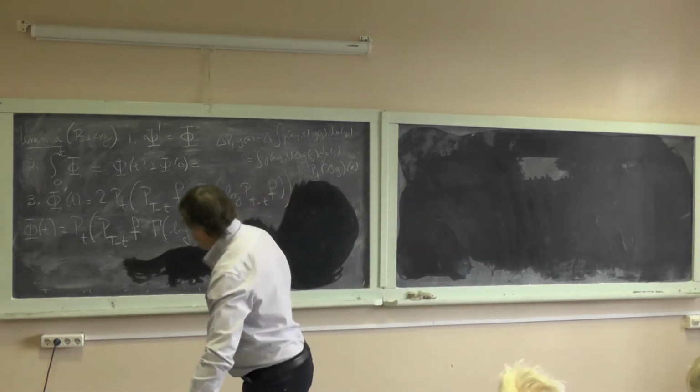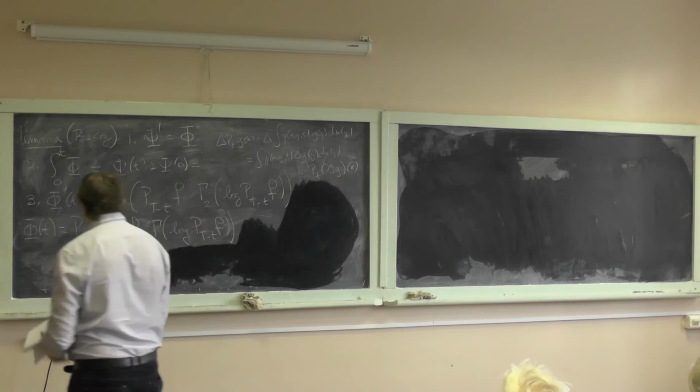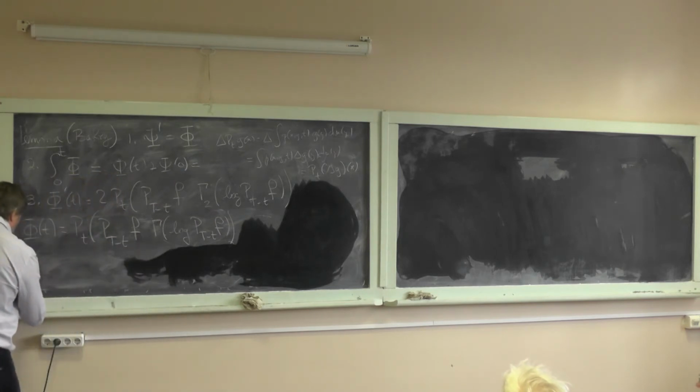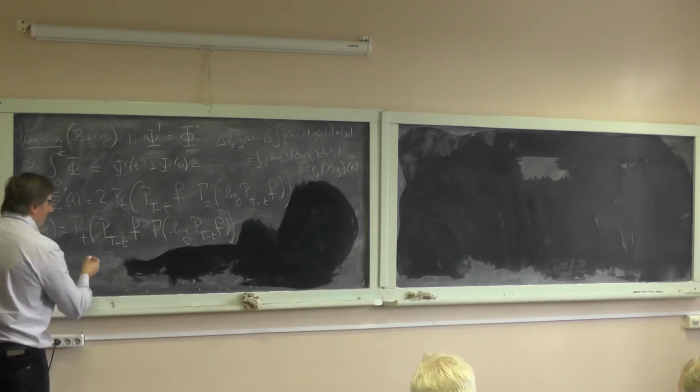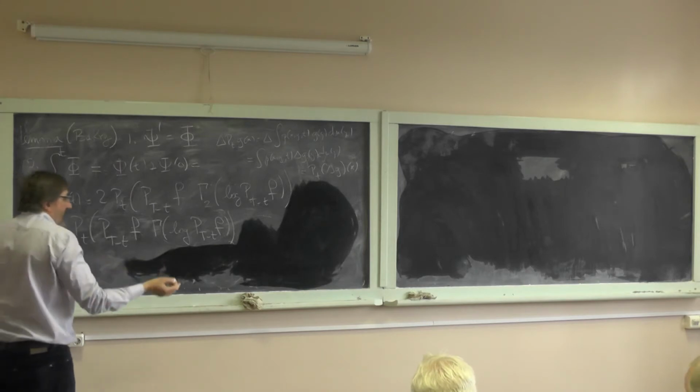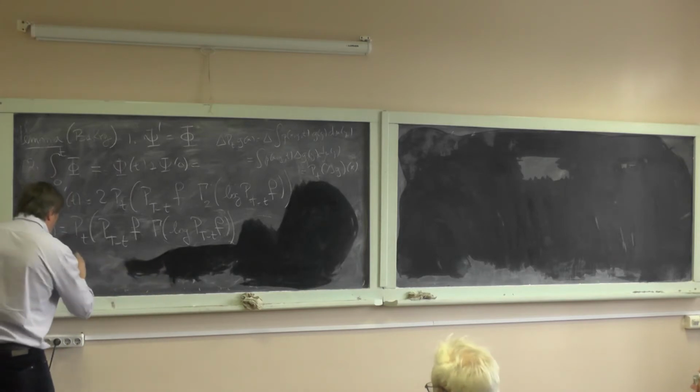So let's start looking at phi times t. Again, I have to do the same game as before. So I have to take the derivative of this.